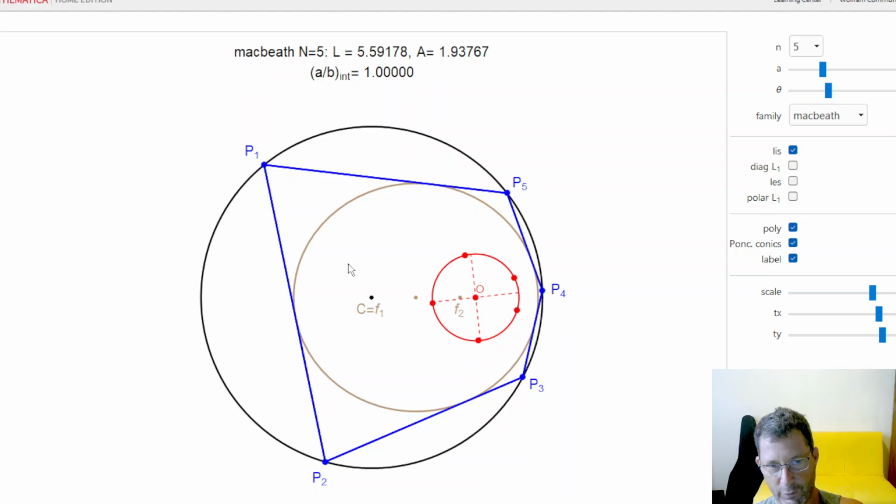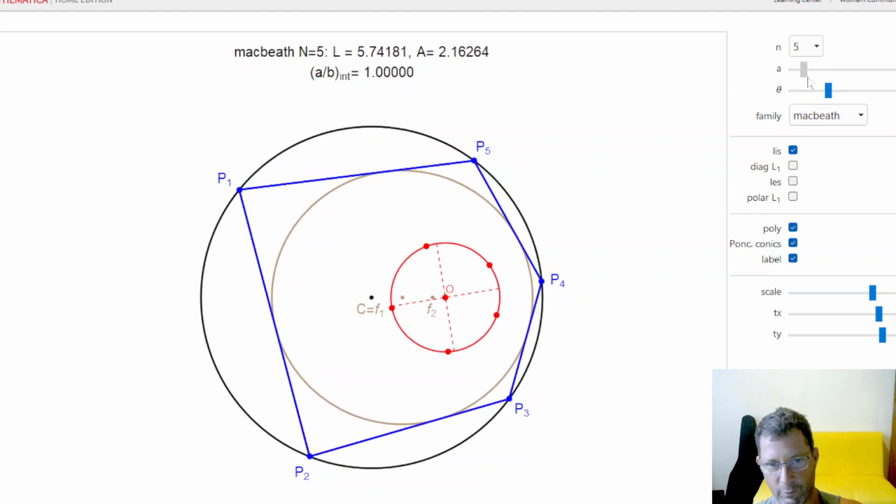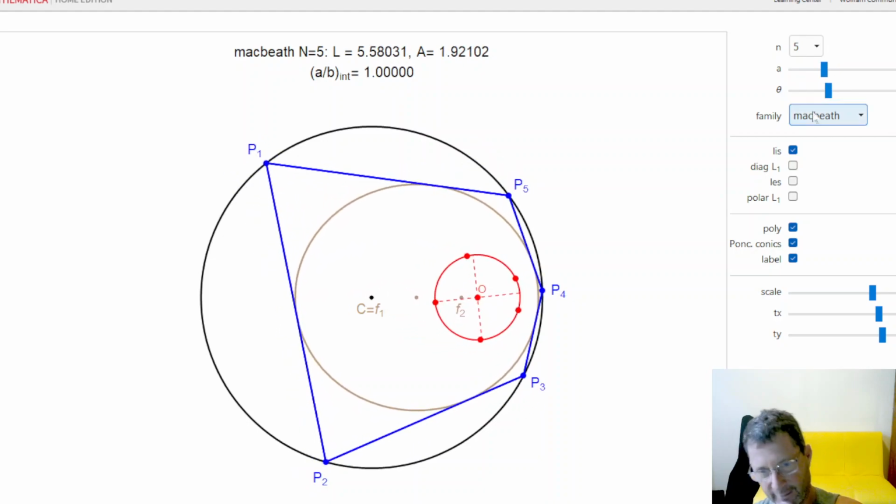Here's one of the foci of this caustic, brown. Here's a second focus, and here's the center of the caustic. I do have a 1D family that I can choose from, modulo some rotations and scalings. But here's one particular instance of this MacBeath n equals 5.